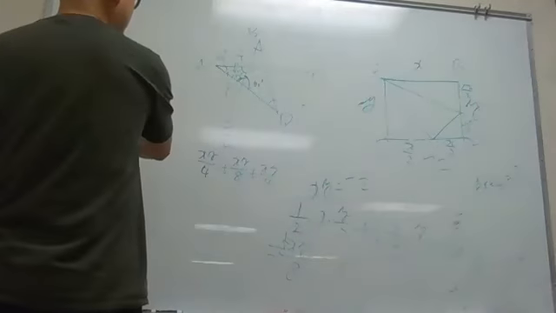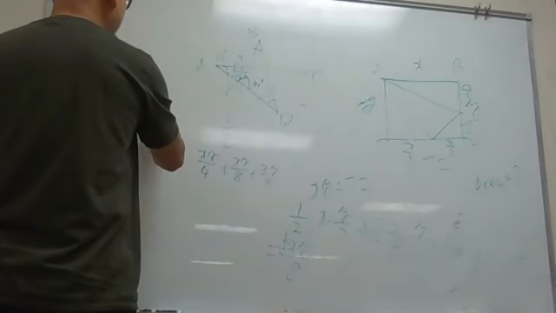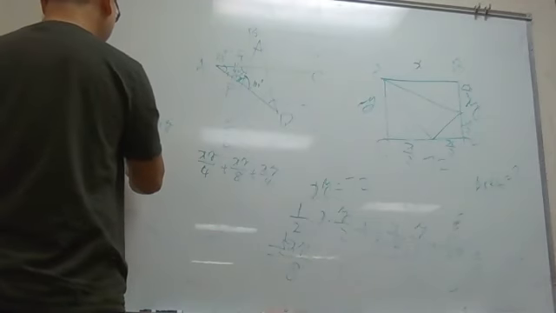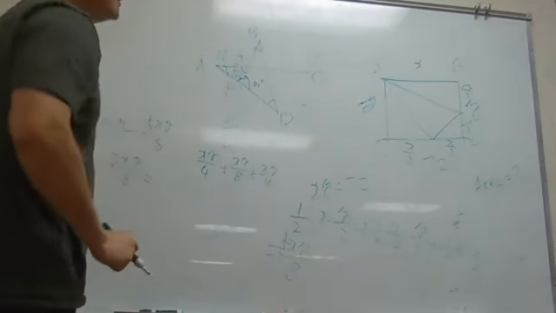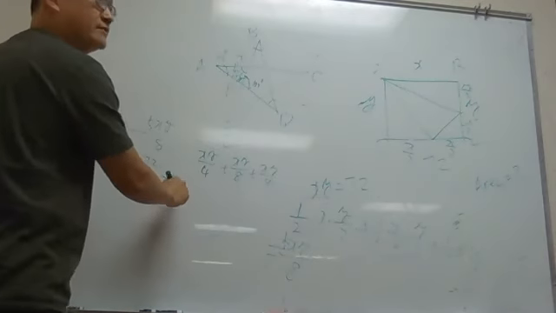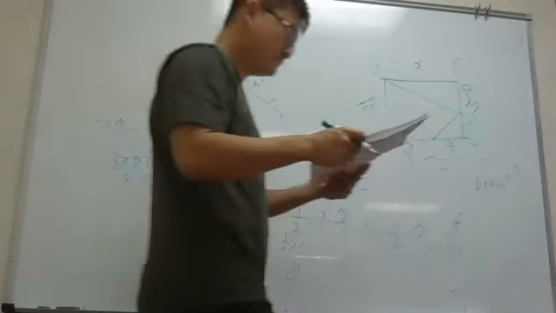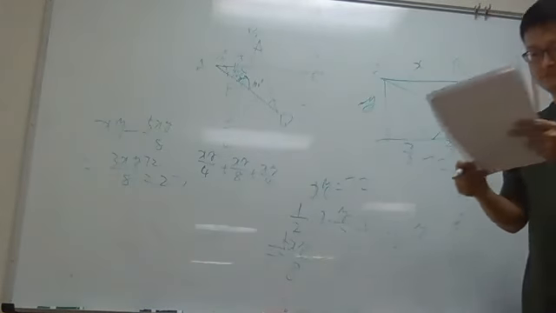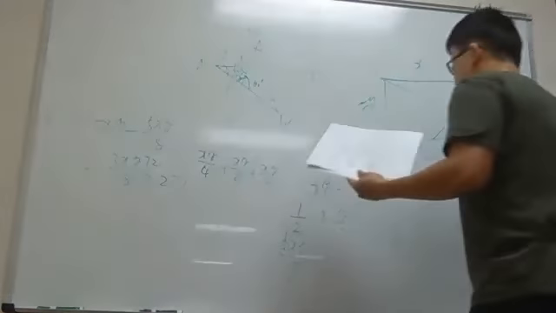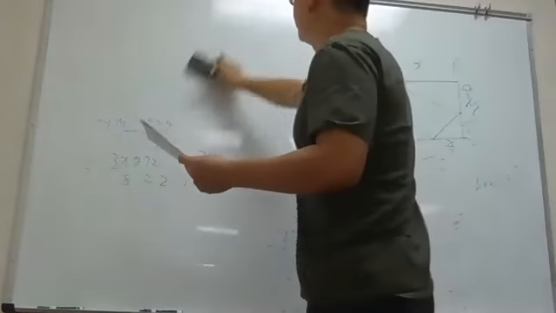So what we want is xy minus 5xy over 8, which is 3xy over 8. So it's 3/8 times 72, which is approximately 27.